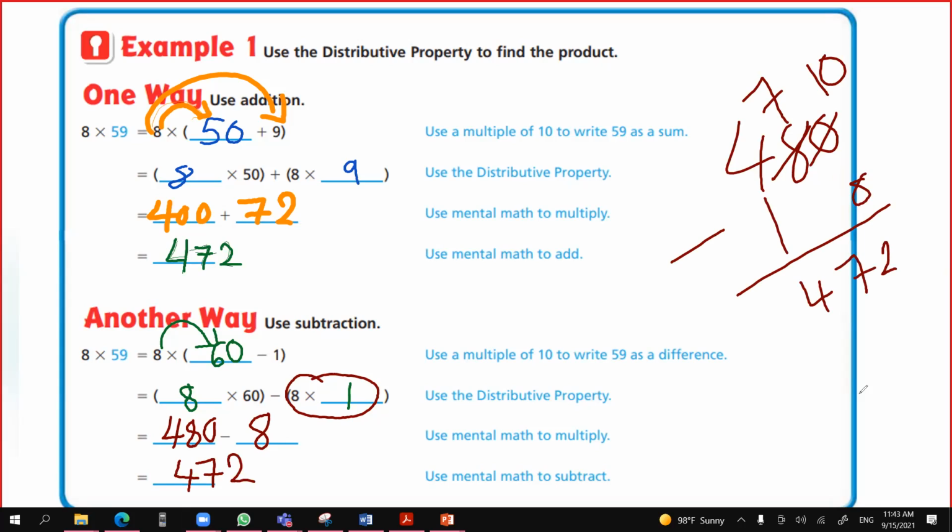Did I get the same answer? It's the same answer.